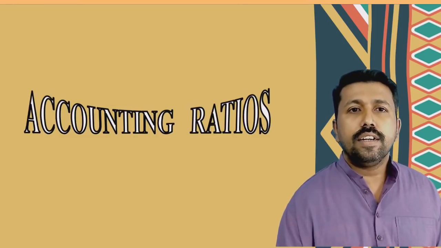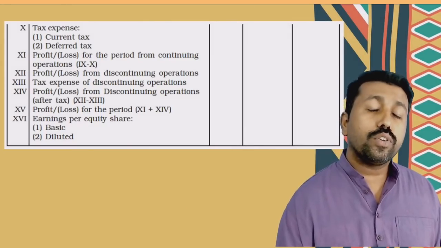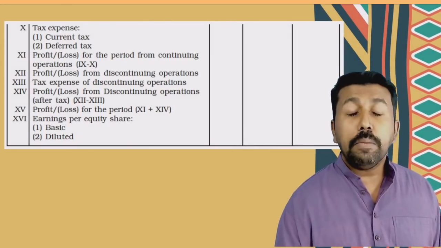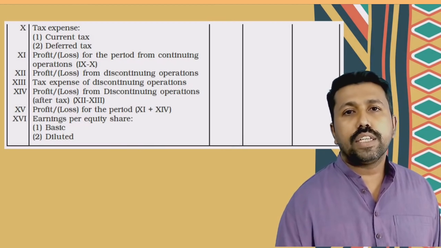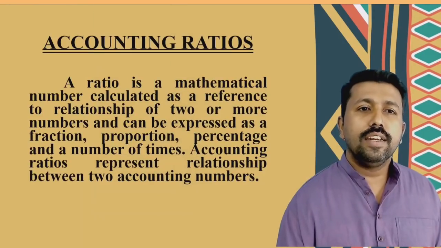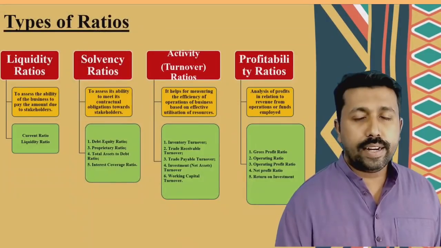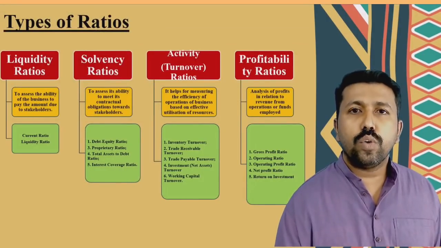And in the horizontal form, comparative statement and time series analysis, you have to keep in mind. And accounting ratio, you know very well, is the mathematical expression of some numbers. It may be in different categories like liquidity ratio, solvency ratio, activity or turnover ratio, or profitability ratios. We will go one by one.